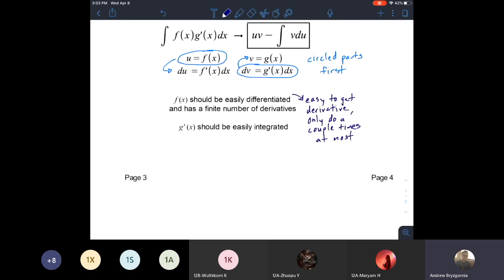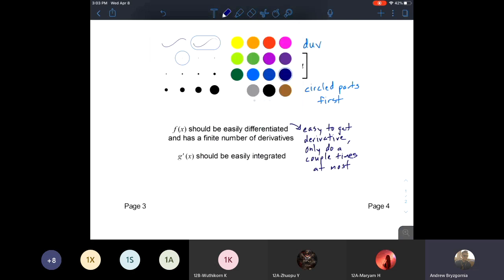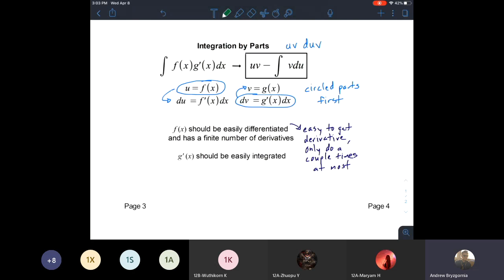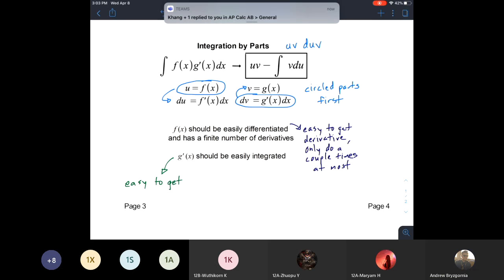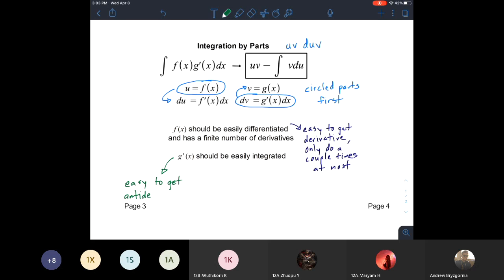So that's what that part is telling us. And then the bottom part here, g prime should be easily integrated, or in other words, easy to get the antiderivative. I can't spell derivative. There we go.